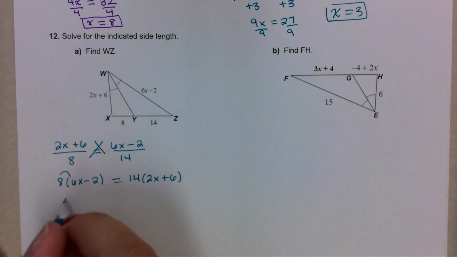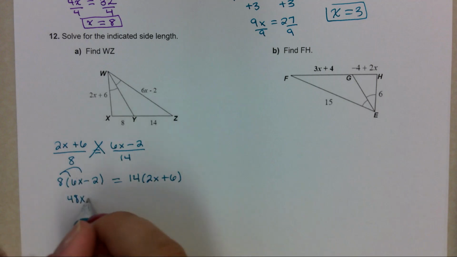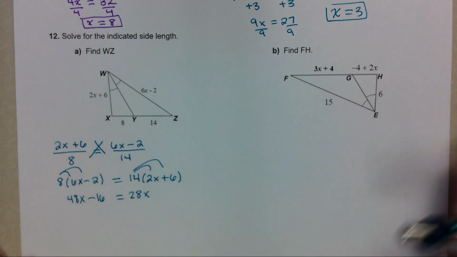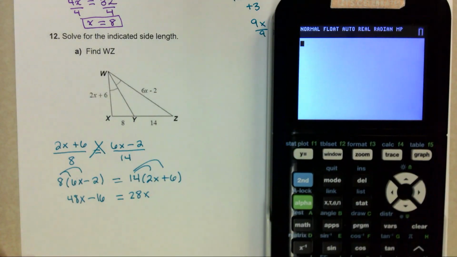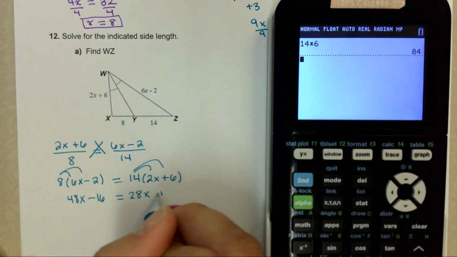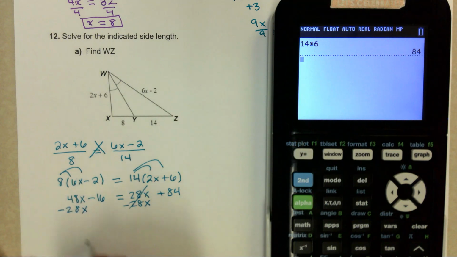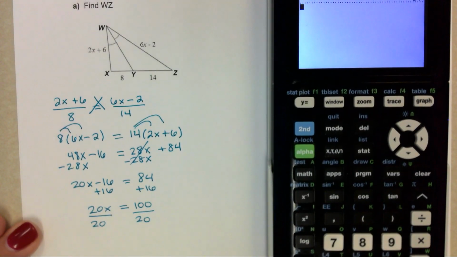Distribute, I get 48x minus 16 equals 28x plus 84. I'm going to subtract 28x, and I get 20x minus 16 equals 84. Add 16, and I get 20x equals 100. Divide by 20, and x equals 5.